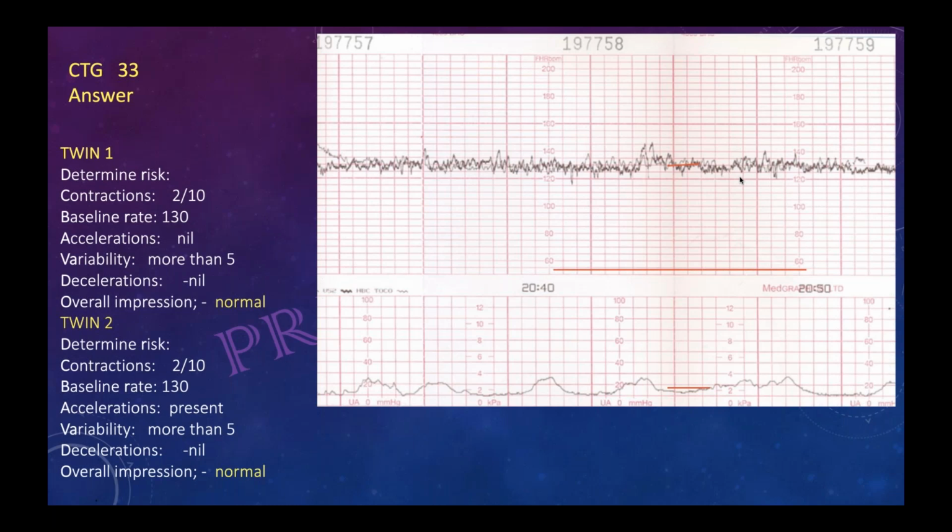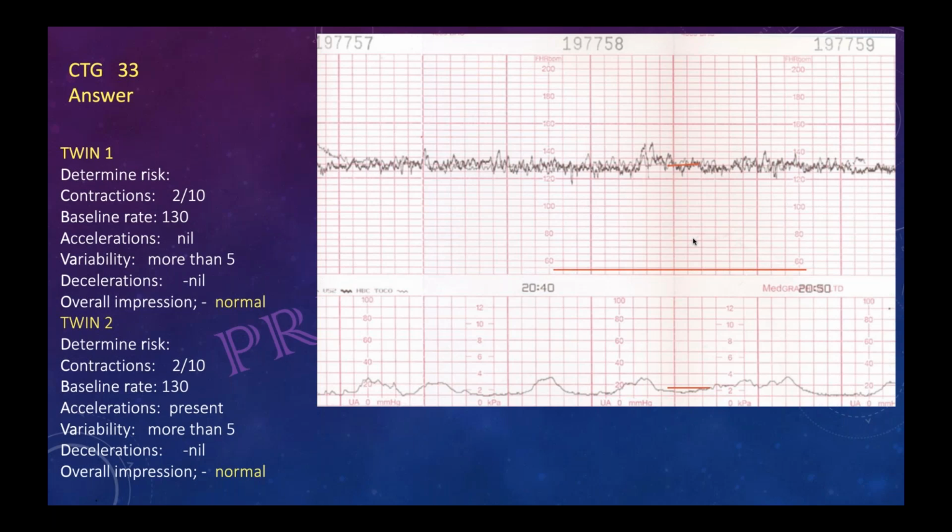A twin CTG can be like that, because the fetal heart rate difference of 20 is only meant for the clinical obstetric examination of twins, to make sure there is a multiple pregnancy.